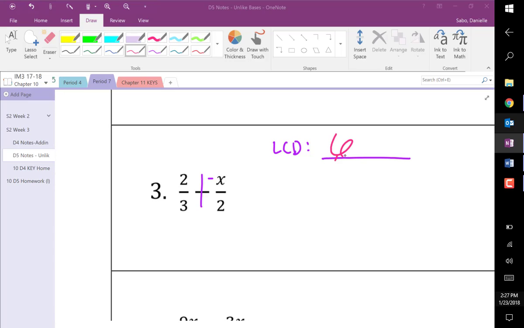Or you can think of it as what's the smallest number both of them divide into? Because what is 6 divided by 3 in our first fraction here? 2, and that's why I multiply the top and bottom by 2. Now, here's a trick. What's 6 divided by 2?